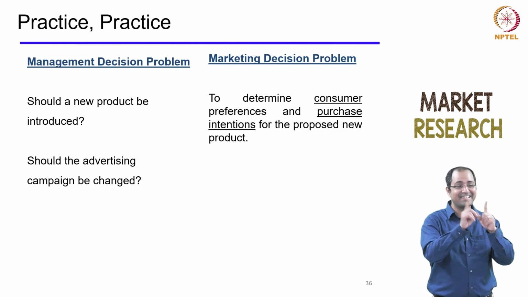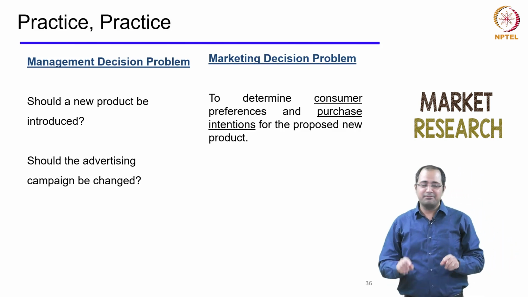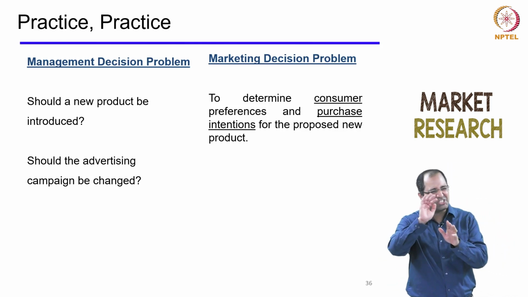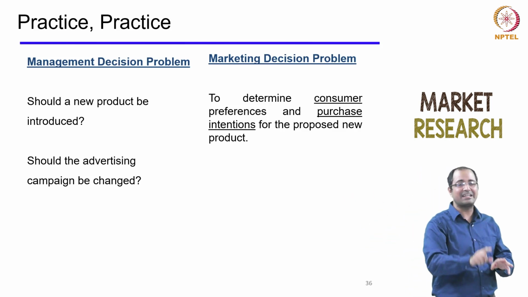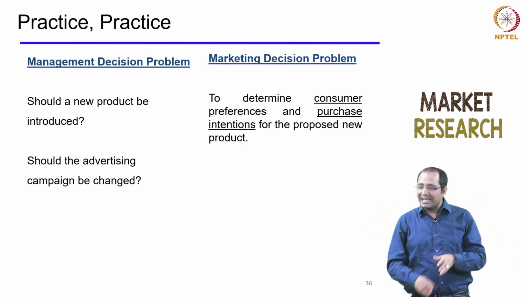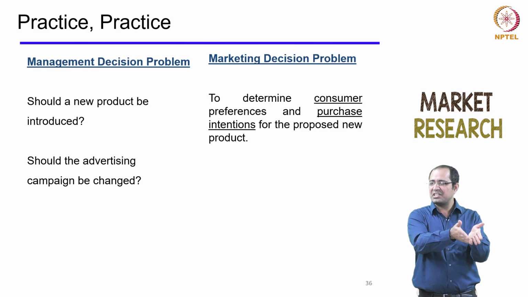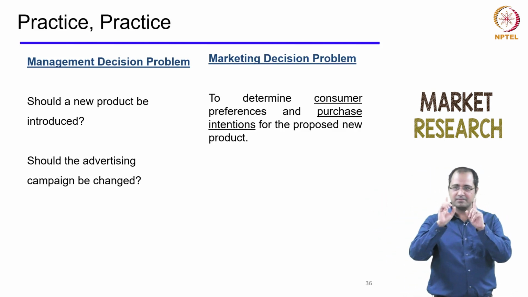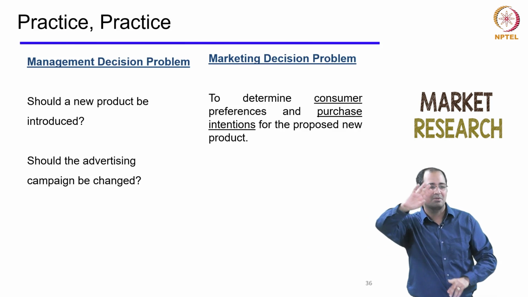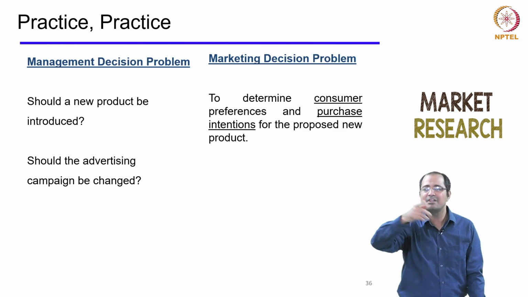You asked again a very correct question, but here the aim is to practice how to translate and write the marketing decision problems. What you have said is very correct: is there a problem with the advertising campaign itself, or are there some other issues to take care of? That is correct. But just to write the marketing research problem, we'll focus on this exercise.